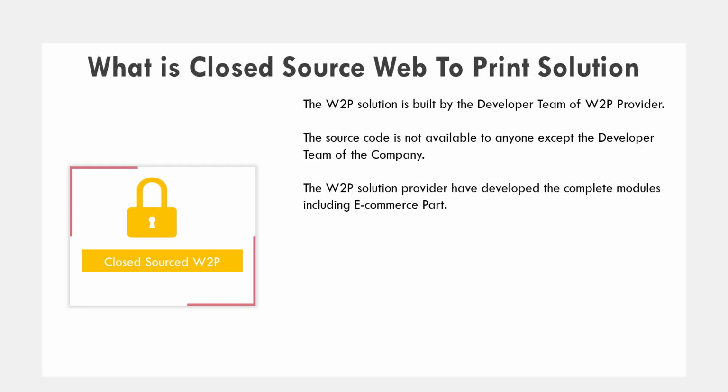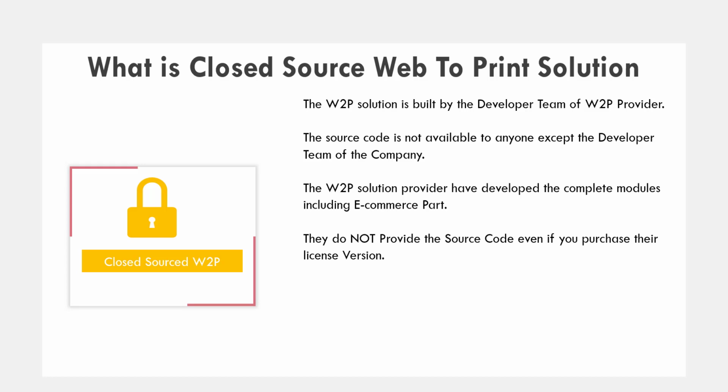So they create each and every feature, each and every functionality by their own and with the help of their own development team. They do not provide the source code. Suppose you purchase the web-to-print solution from a closed source provider company, then they are not going to give you the source code.